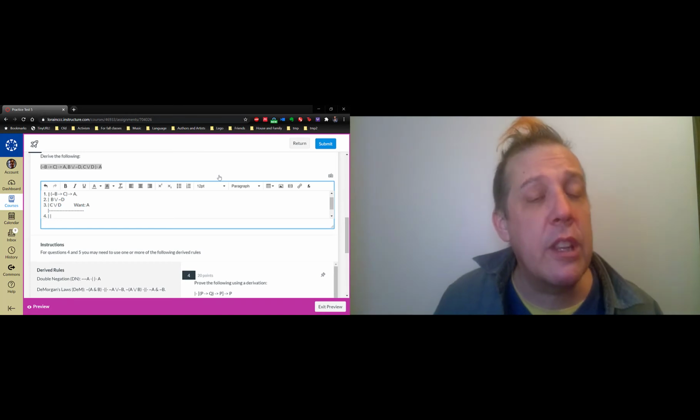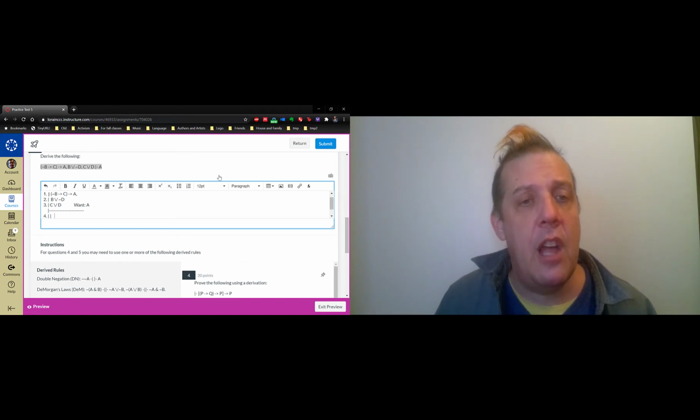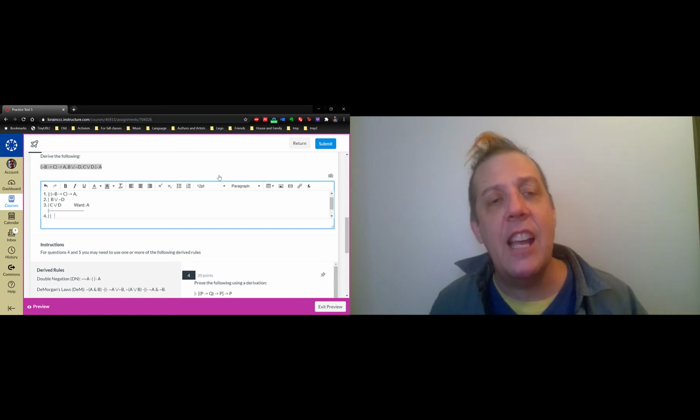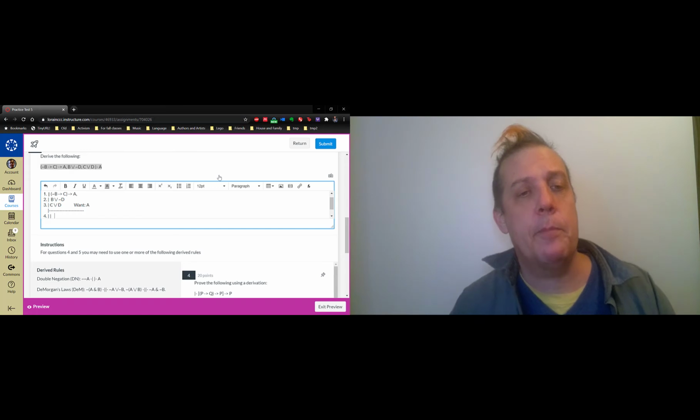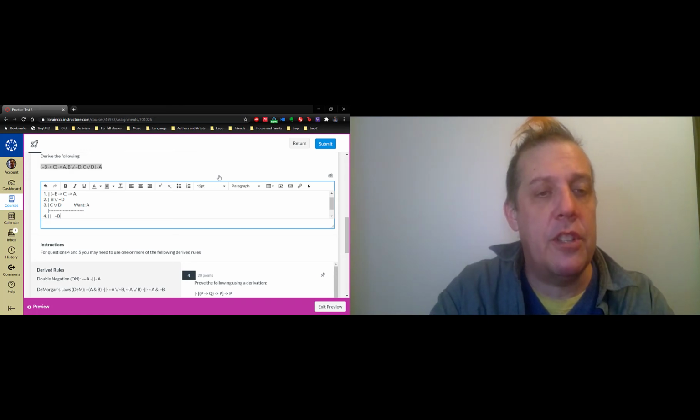Right? So what we were doing there was working backwards from the conclusion. The A was what we wanted, and then we thought, how can we get the A? And we went one step back. So the way the subproof is going to go is it's going to be not B for conditional derivation, and it's want C.